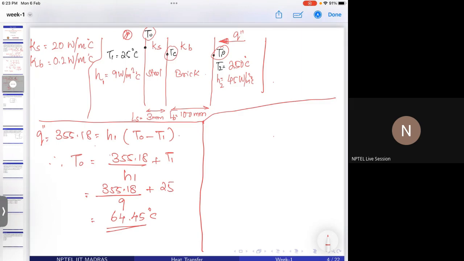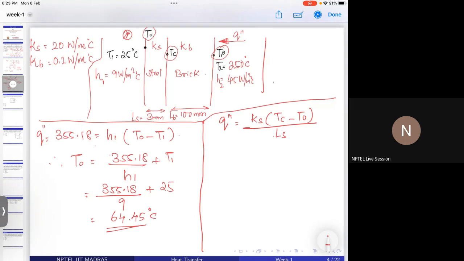Okay, so now we have a conduction. T0 is already known. Now there is a conduction heat transfer across this stainless steel layer. We already know Q, the heat flux. Q is Ks times the temperature gradient, that is Tc minus T0 divided by the length. This is the conduction that is happening across the stainless steel.